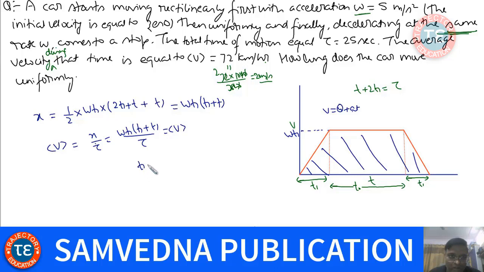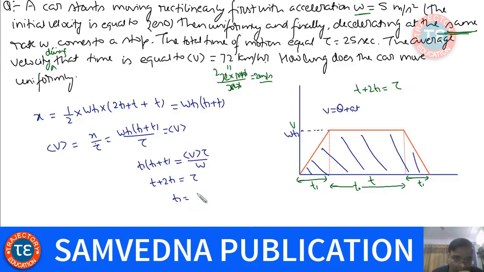So from here you get an equation: t1 plus t is v tau upon w, and the second equation was t plus 2t1 is tau. So from here, what I need to find is t. I want to find t basically.